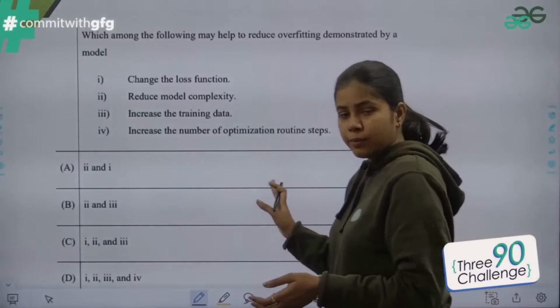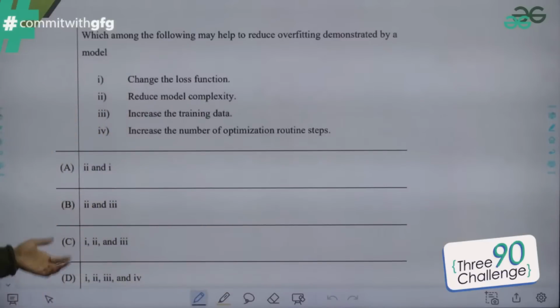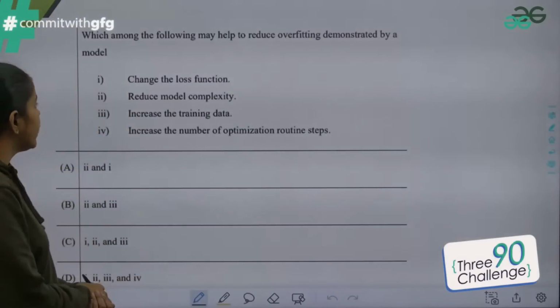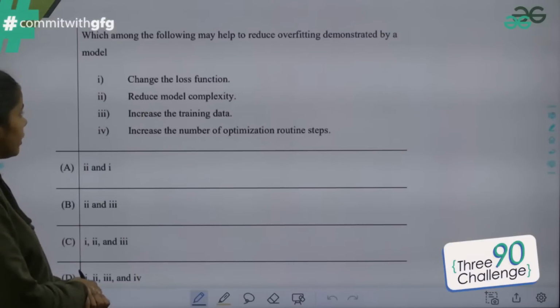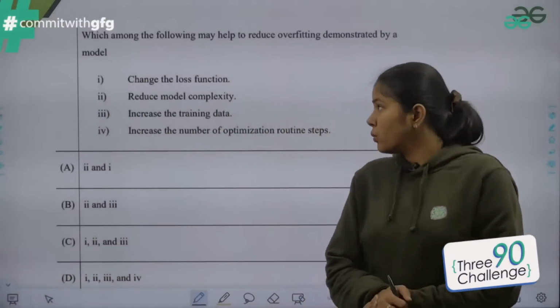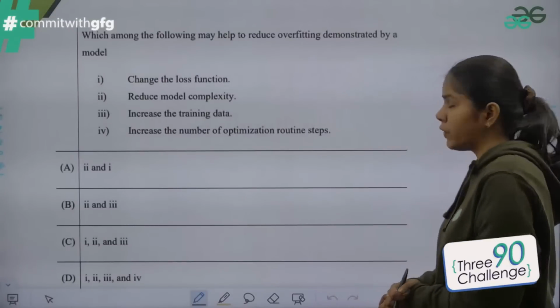This is a GATE mock question which all of you have seen from IISc. It says: which among the following may help to reduce overfitting demonstrated by a model? So just tell me what would be the answer here, guys. I hope all of you know the concept behind overfitting and underfitting.